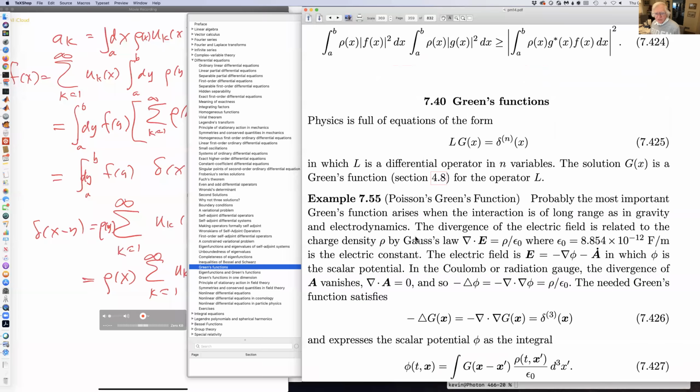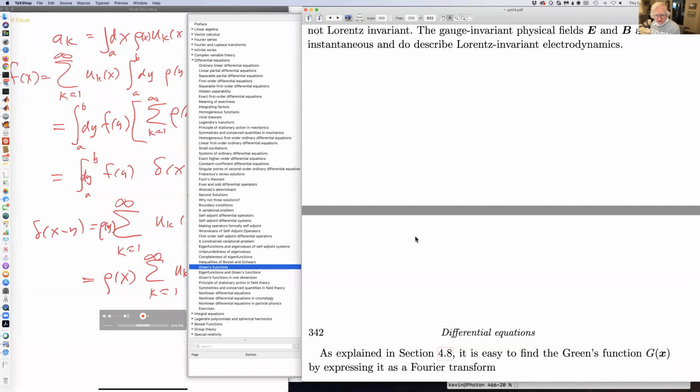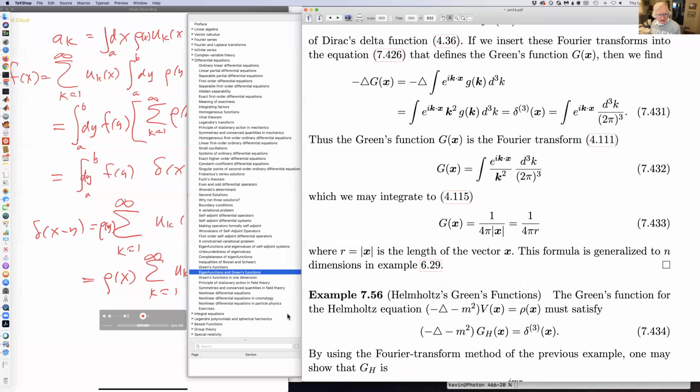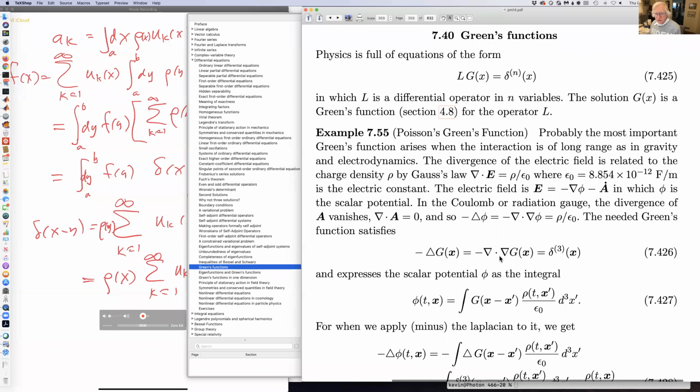We then went through some inequalities of Bessel and Schwarz, and let me get then to the next topic, namely, Green's functions, which we've seen both in the chapter on Fourier and Laplace transforms, and here.